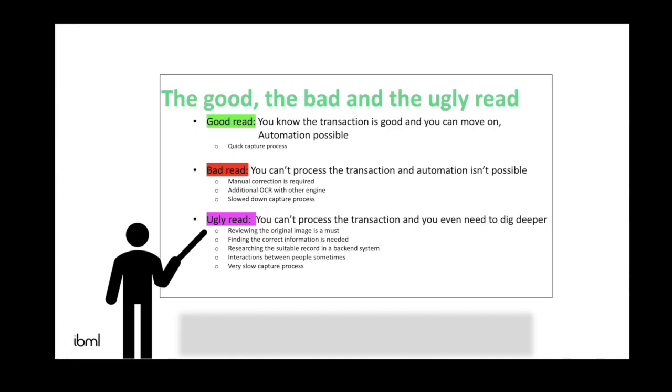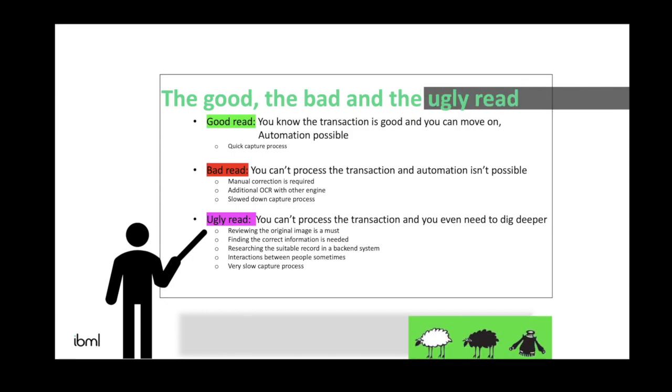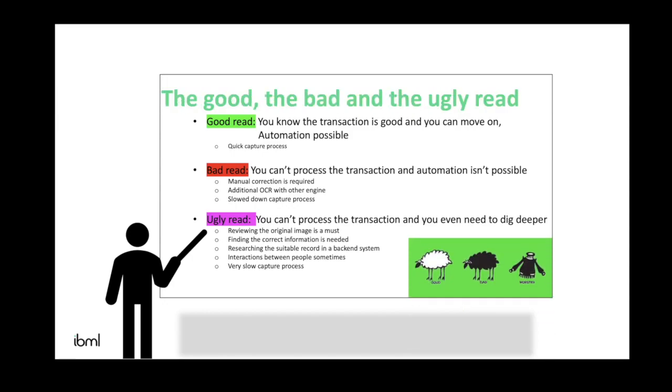And the ugly read requires deeper research to find the correct information and interactions between people sometimes, and a very slow capture process. So we have a ton of black sheep and other stuff rather than the white sheep that we can process immediately.